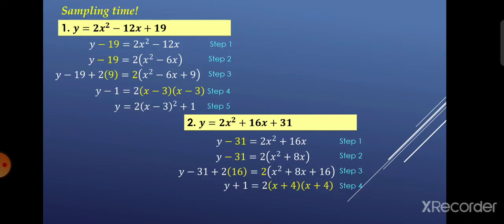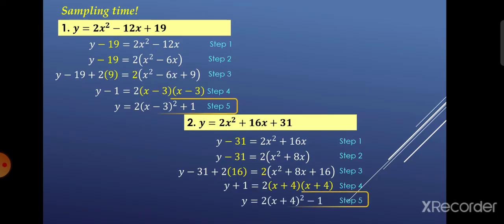The positive 32 minus 31 is obviously positive 1. So y plus 1 equals 2 times the factors of the perfect square trinomial x squared plus 8x plus 16, which is x plus 4 times x plus 4.